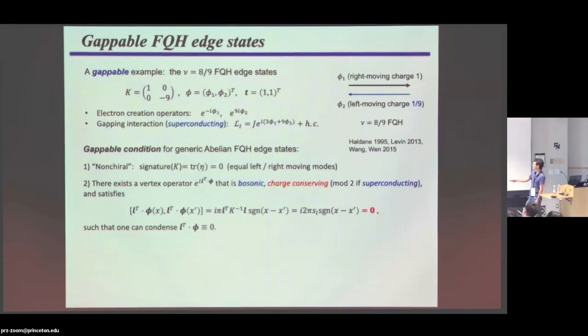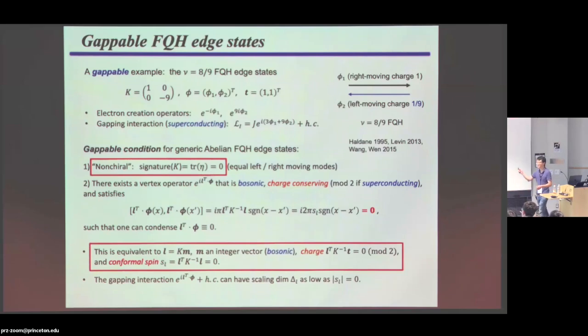If you still remember, this expression is exactly the conformal spin of this vertex operator, which is L K inverse times L. So basically this condition simplifies to: you have to have a vertex operator with conformal spin 0. Basically, whether you can find such an operator with conformal spin 0 and being bosonic. There's a more mathematical way of finding it called Lagrangian subgroup, which I will not talk about. But basically, you can just try term by term.